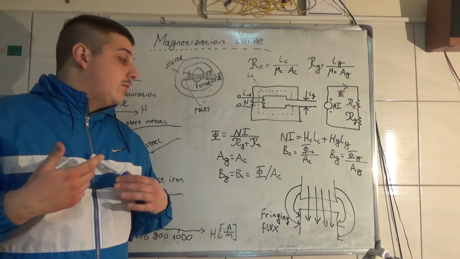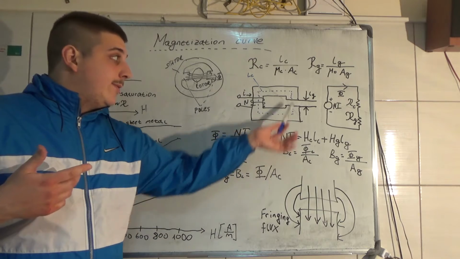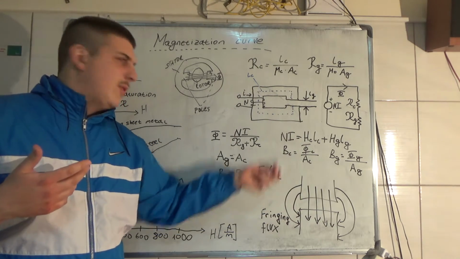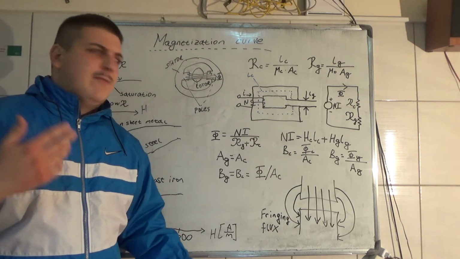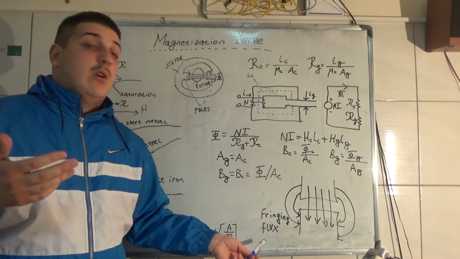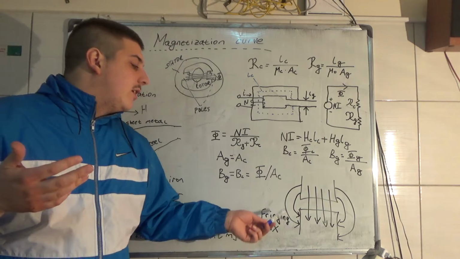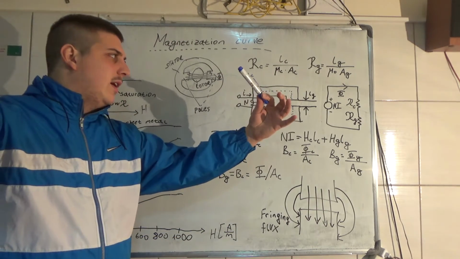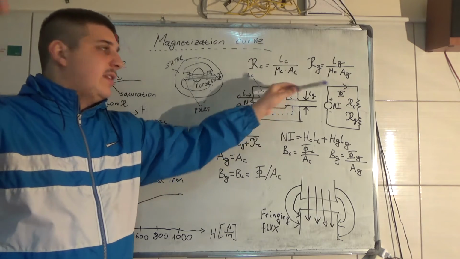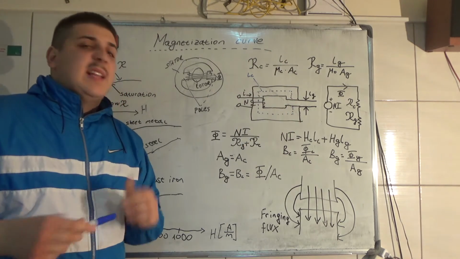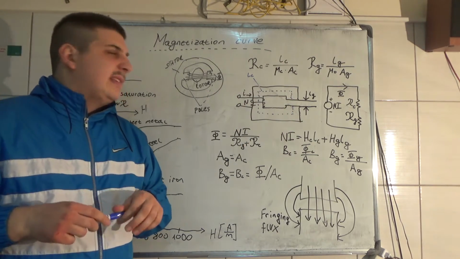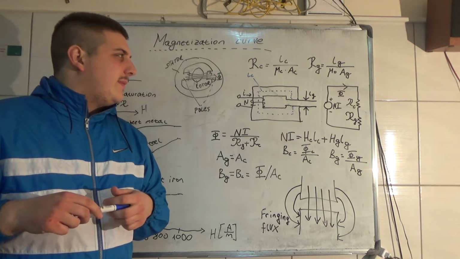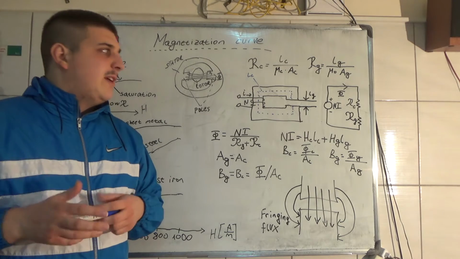And one more thing, if you have an air gap, you will always have something that's called fringing flux. That's the flux that goes out in the air, in the environment, and it's not so fun.